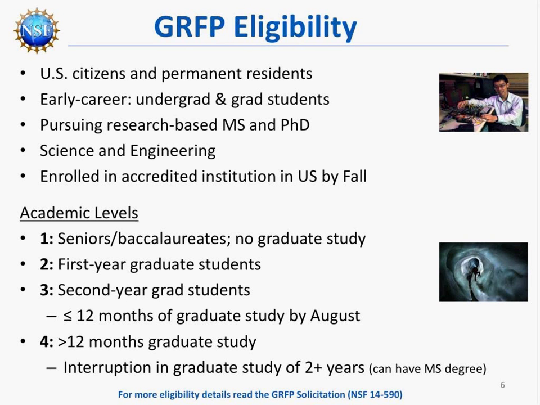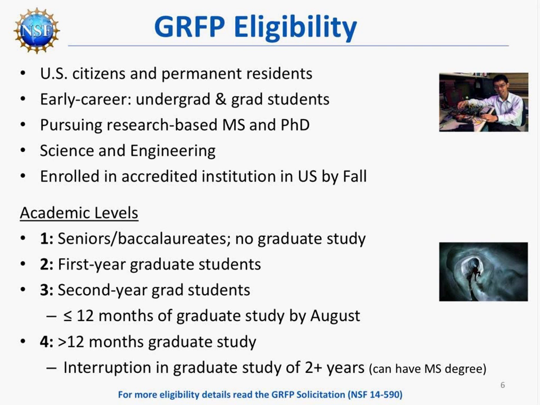So you're eligible to apply if you're an undergrad senior, or have your baccalaureate degree and didn't start your graduate studies yet. Also, if you're a first or second year graduate student, you would be eligible to apply. You would even be eligible to apply if you were at some point in grad school and had to drop out for a few years.